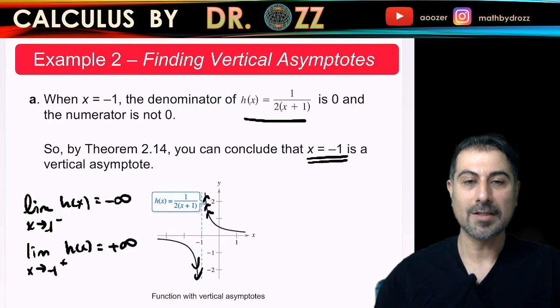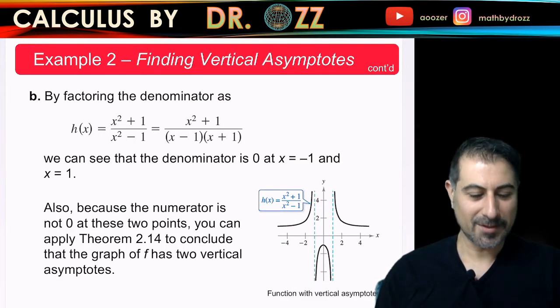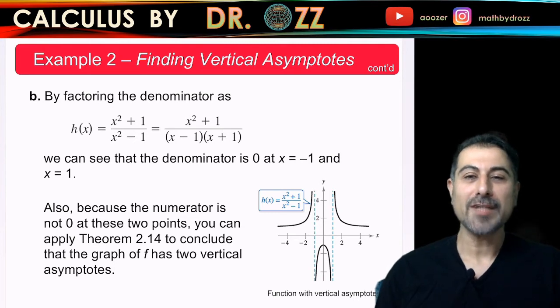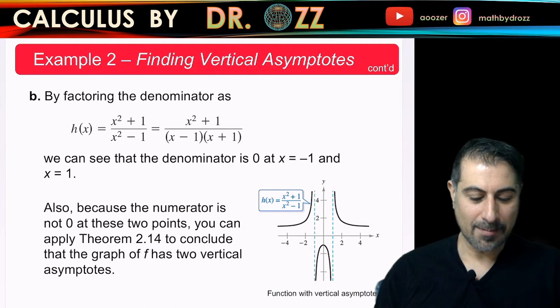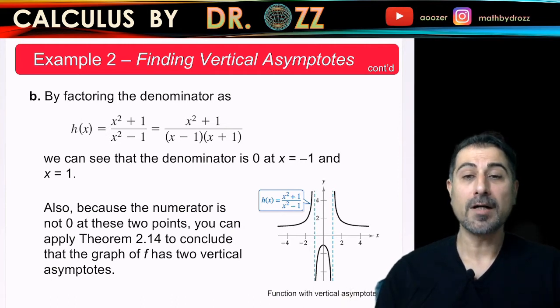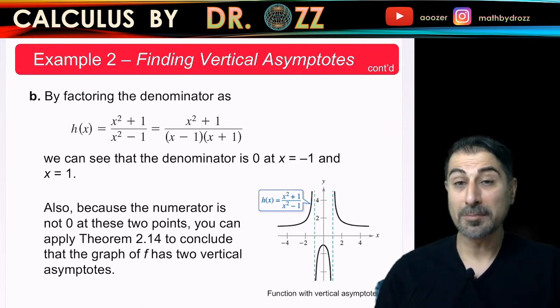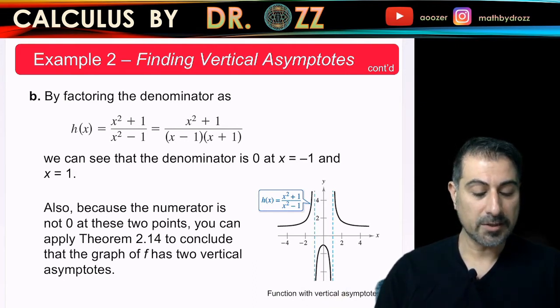And here's another cool example, which is again a rational function, (x squared plus 1) divided by (x squared minus 1). By the way, once a rational function is provided to you, if the top and the bottom are polynomials, it's better to factor the top and the bottom as much as you can, so that you can find the zeros of the denominator more easily.